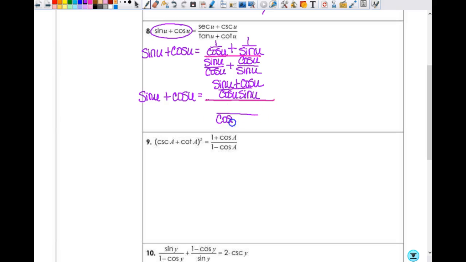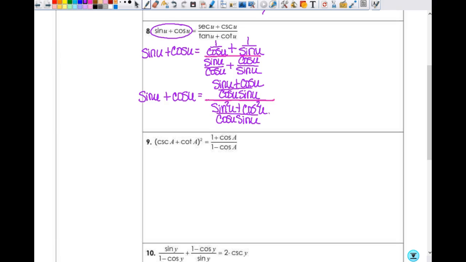Cosine u, sine u. Right? So then the numerator of that, this first fraction had to be multiplied by sine over sine, so this becomes sine squared. The second one had to be multiplied by cosine over cosine, so this is cosine squared. And that's what I get. Everybody with me so far?